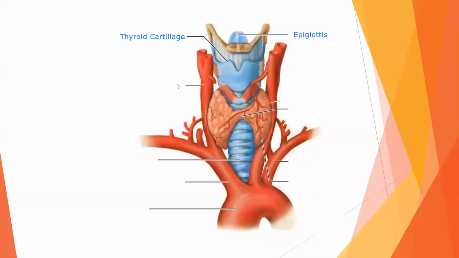Let's identify what is the name of the blood vessel that is here. Anybody from the group? Okay, very good. So that is your common carotid artery.